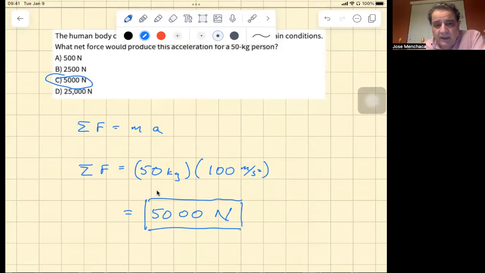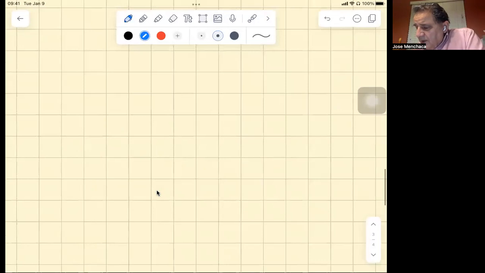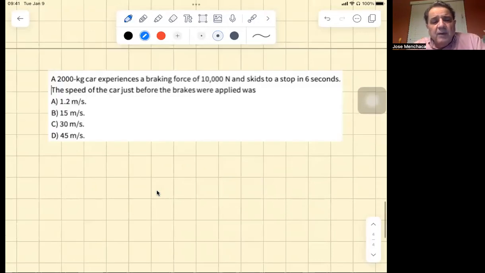Okay, now let's go on to another problem. Let's say a 2,000 kilogram car experiences a braking force of 10,000 Newtons and skids to a stop in 6 seconds. The speed of the car just before the brakes were applied was, and then you have to calculate how many meters per second.